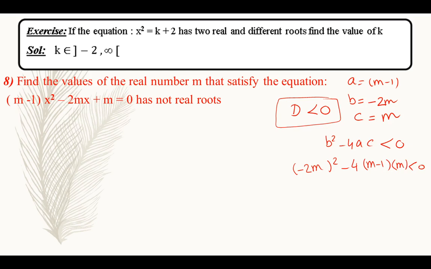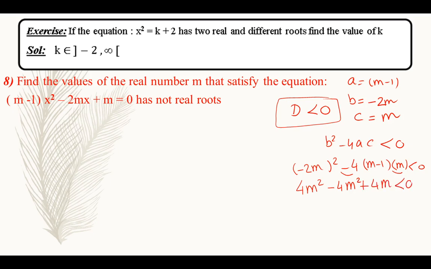Negative 2m power of 2 equals 4m power of 2. Here, minus 4 multiplied by m will equal negative 4m. Negative 4m multiplied by m will be negative 4m squared. Negative 4m multiplied by negative 1 is equal to positive 4m.